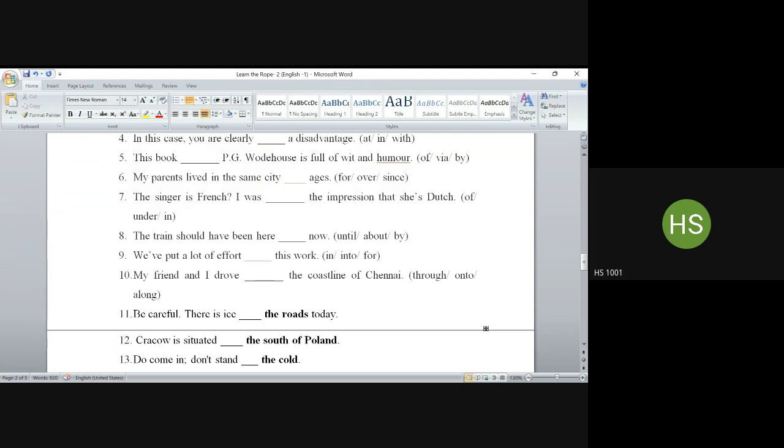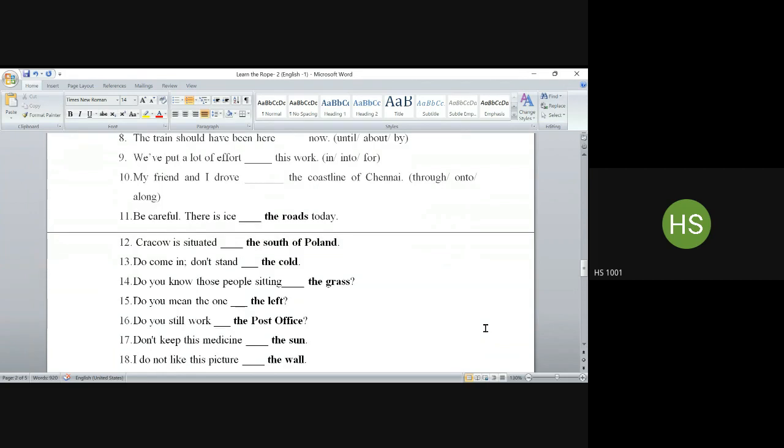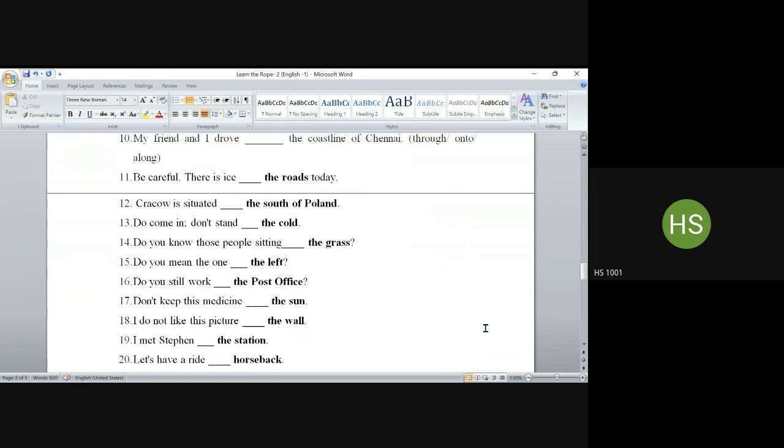While you have a look at this exercise, please be careful of the things that you see in bold, like roads, directions, spaces, right? Have a look at all of those and see how and where you use in, on, and at.